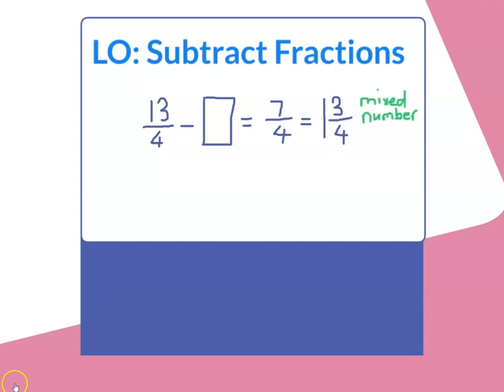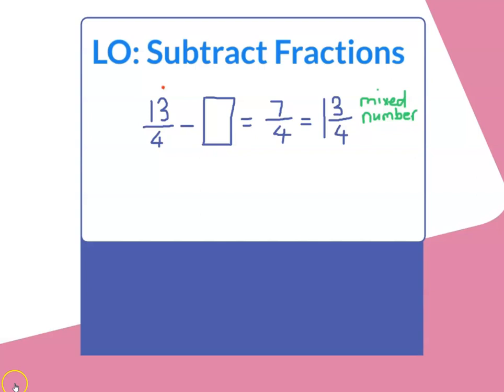This means we go back one step to look at the improper fraction, 7/4. So let's think about what way we need to illustrate our 13/4, take away a missing fraction, equals 7/4.